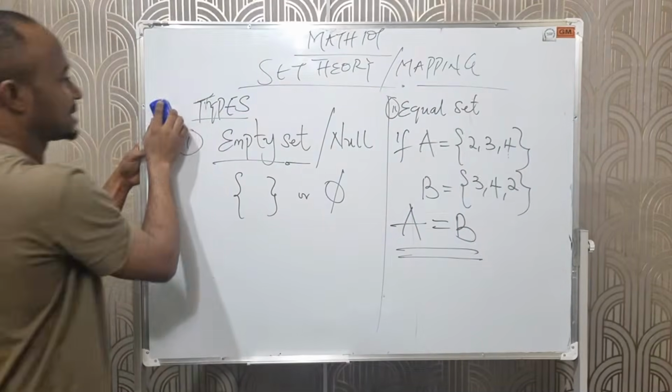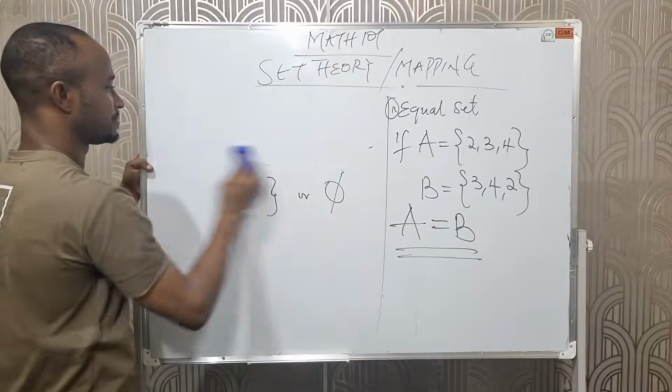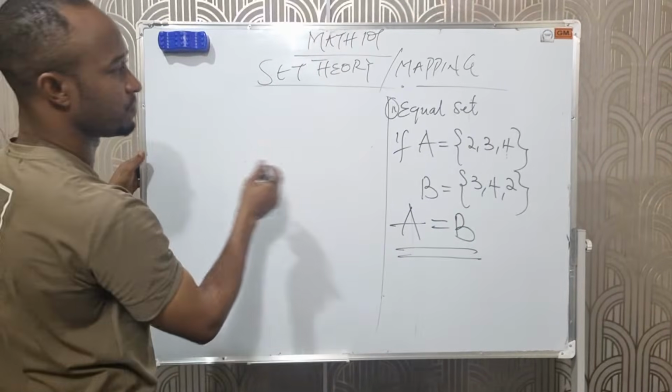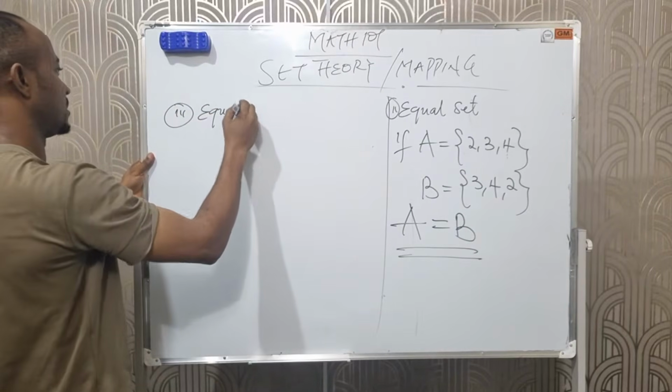Now the next type of set we look at is called equivalent sets. The third one, equivalent sets.